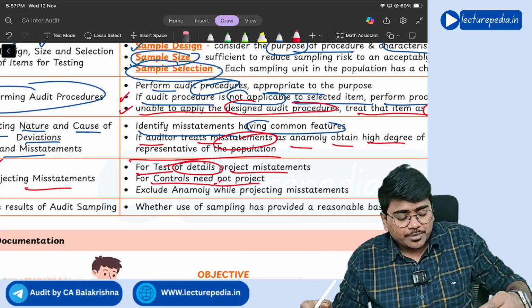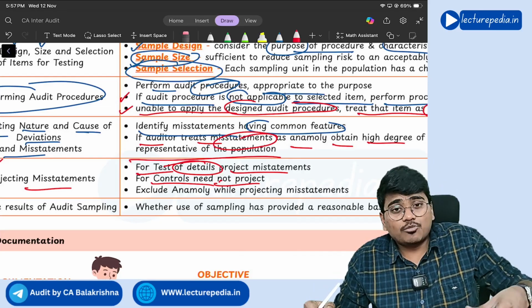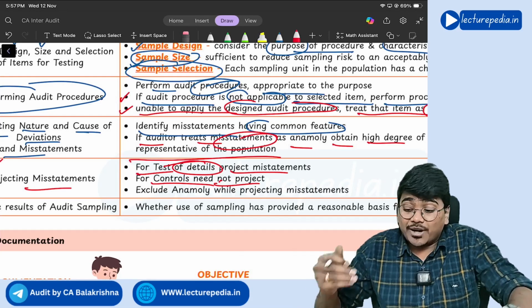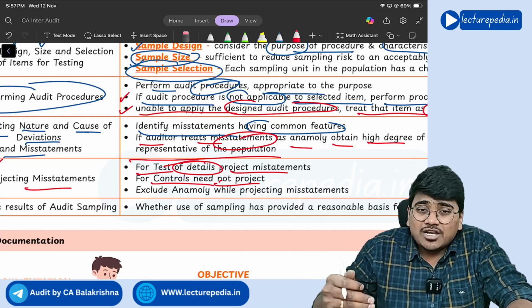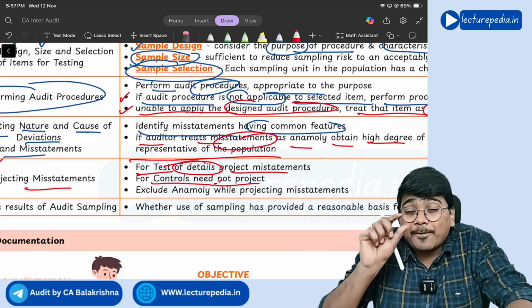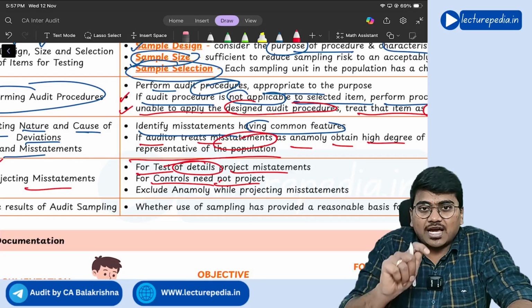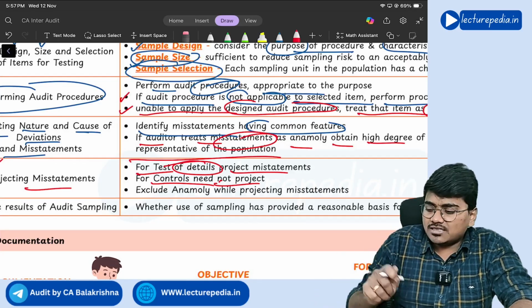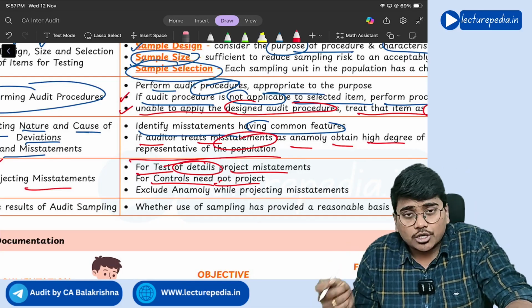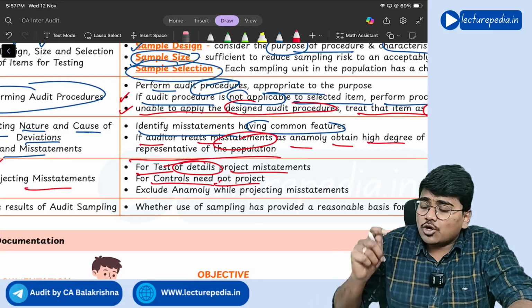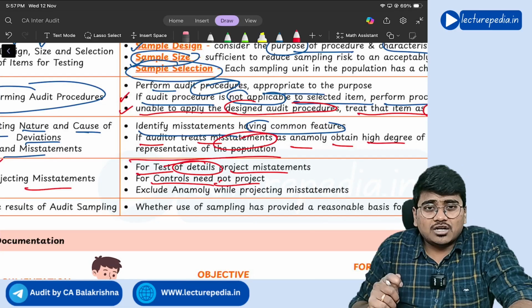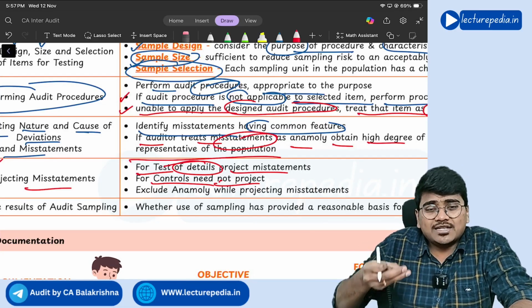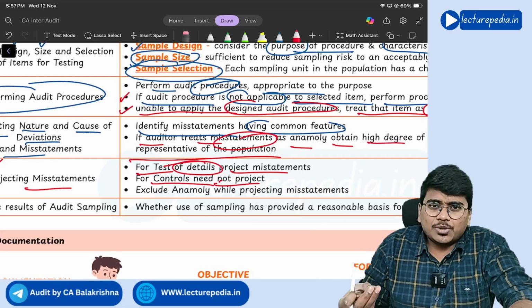Now, misstatements will be measured in terms of monetary amounts, but deviation in the control will be measured in terms of percentage. You will say that there is 5% deviation in the control, there is a 10% deviation in the control. You will not say that there is 1 lakh rupee deviation in the control. How can you give monetary value for the control?